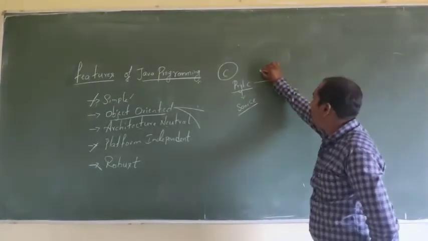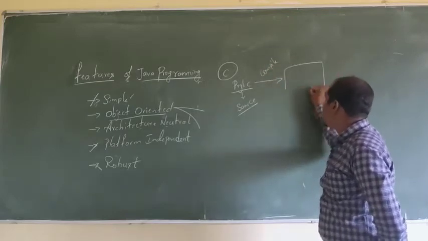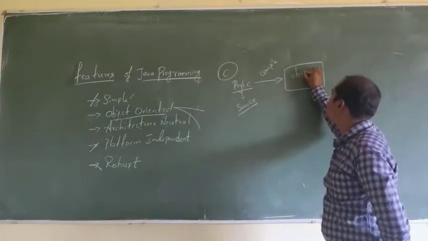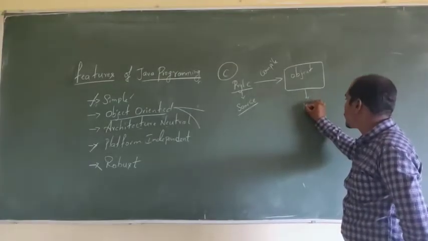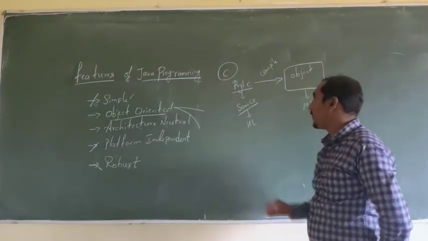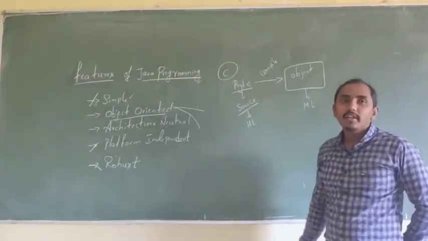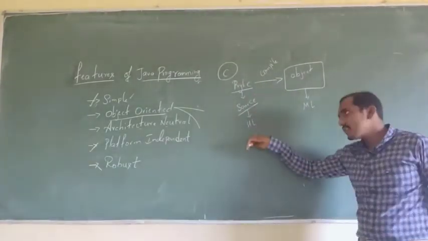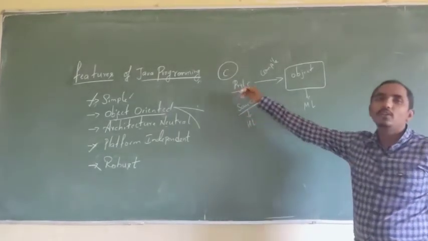Once you compile that program, it is going to generate object code. This object code will be in machine level language, whereas the source program will be in high level language. When you write a program, we use the English language, which acts as the source program, and we save it as program1.c.